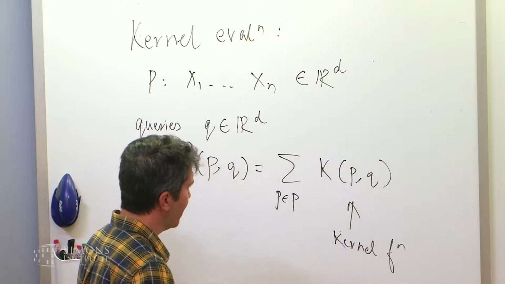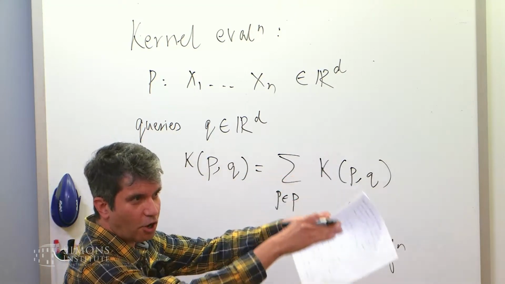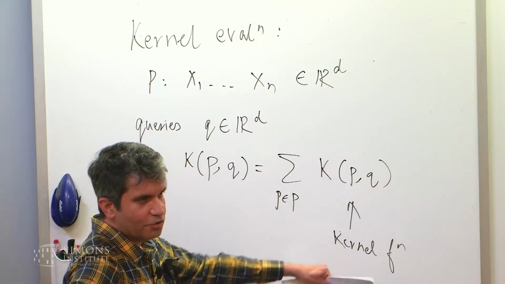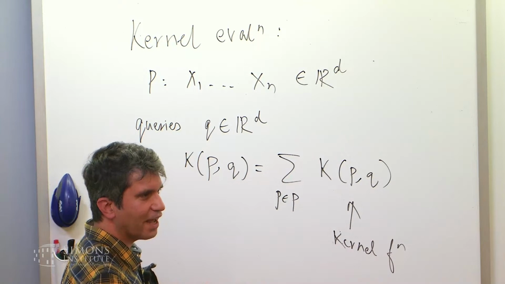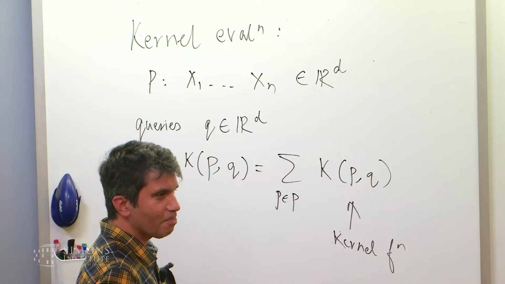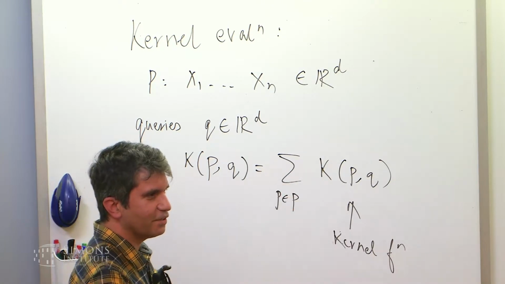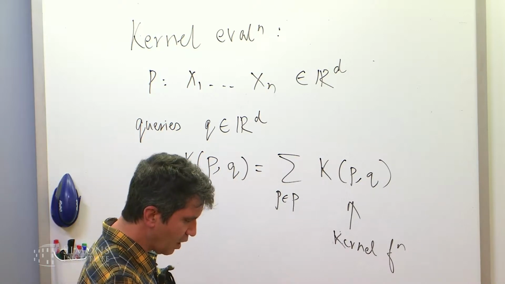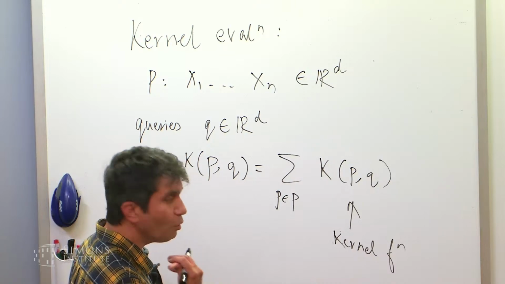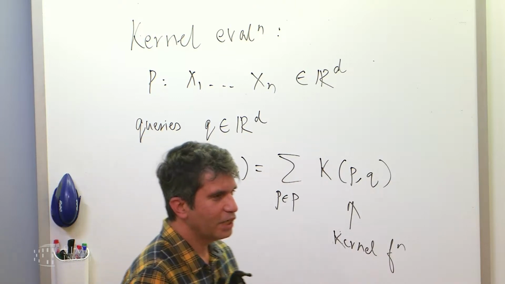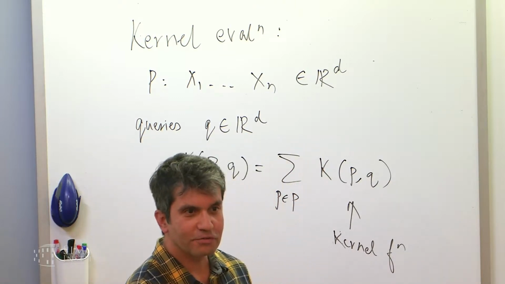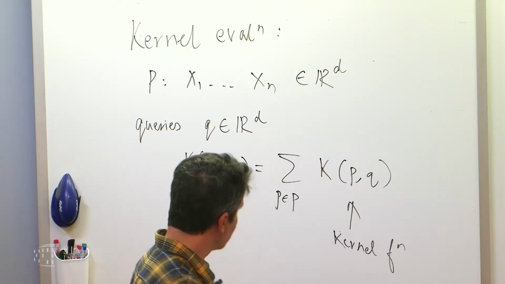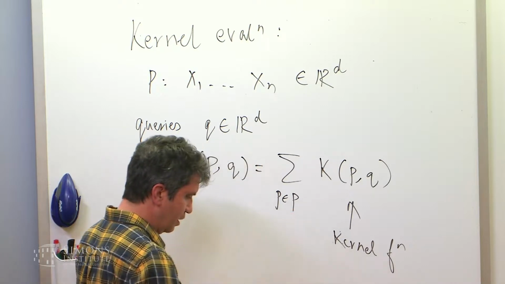Think of this as a function that drops off as you go further and further away from p. So each point in the data set has some sort of force field. It drops off. Let's say it's symmetric, it's radial, it depends only on the distance, it's monotone. And what we want to know is, at the query q, what's the net force from the entire data set? So we want to evaluate this function.